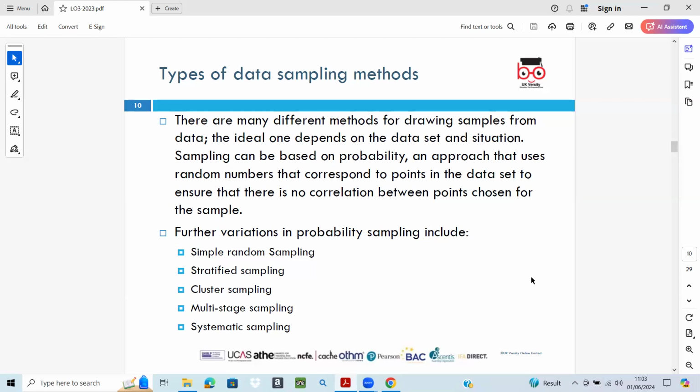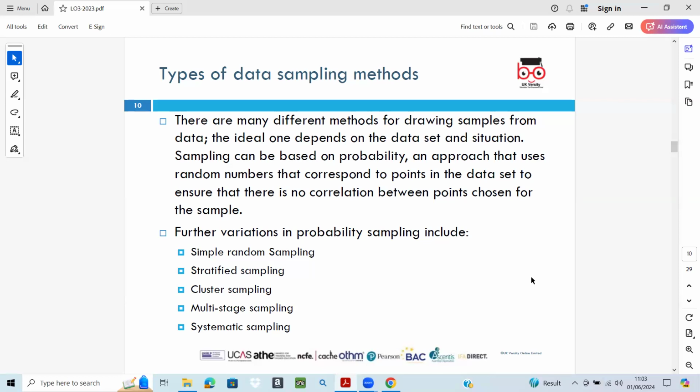Then we have cluster sampling. The population is divided into clusters or groups, and a random sample of entire clusters is selected for analysis. This method is useful when individual data points within clusters share similarities. It can be more cost effective than other methods, especially if the clusters are geographically or structurally defined.